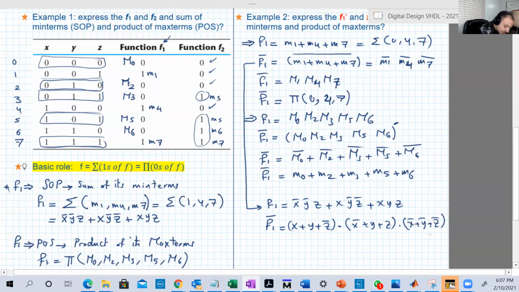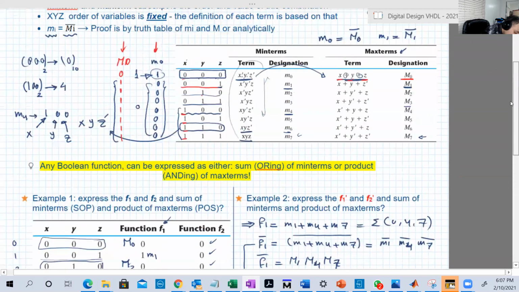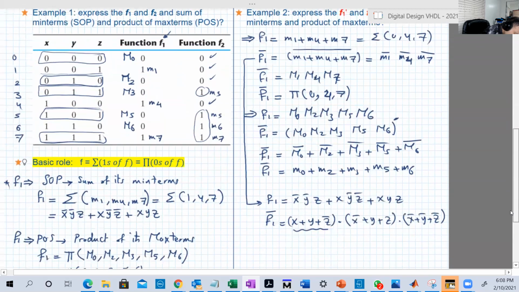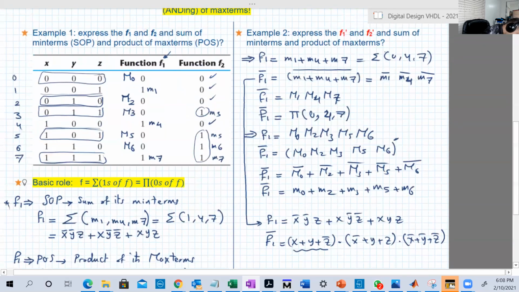Right? What is this? Let's look here. x plus y plus z bar. This is M1. I'm sorry, this is 1, not 0. This is 1 again. Very sorry for this.